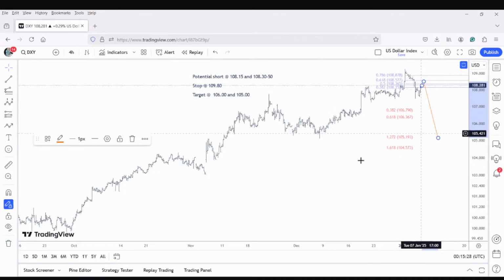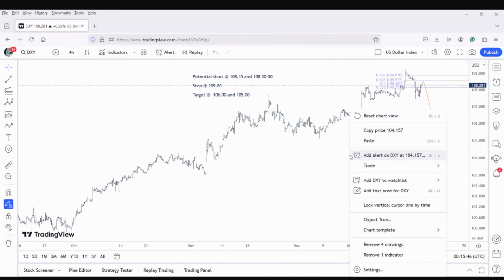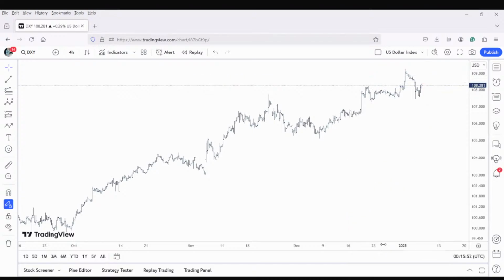So it's so much confidence that's being given by the wave theory. The previous wave four coming into picture, Fibonacci extensions coming into picture, wave one, wave two, Fibonacci retracements. So it's like trade with absolute objectivity and confidence. So we are short on the dollar index.